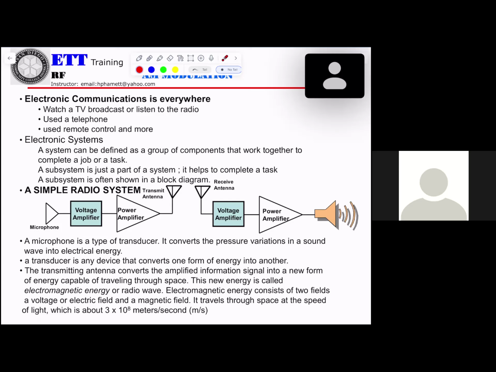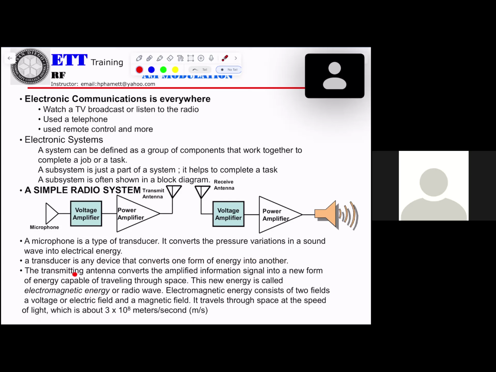A microphone is a type of transducer. It converts the pressure variation in a sound wave into an electrical wave. A transducer is any device that converts one form of energy into another.